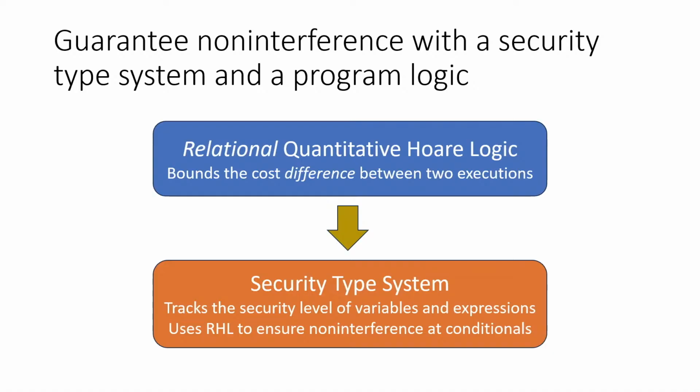In this case, an insecure operation might be something like if you use a secret in a conditional, you want to make sure that the two branches of the conditional are guaranteed to take the same amount of time. Otherwise, there's a possible timing leak. And at that point, we'll call back into this relational Hoare logic to verify that condition. But we use just much more fine-grained, controlled instances of the more powerful logic.